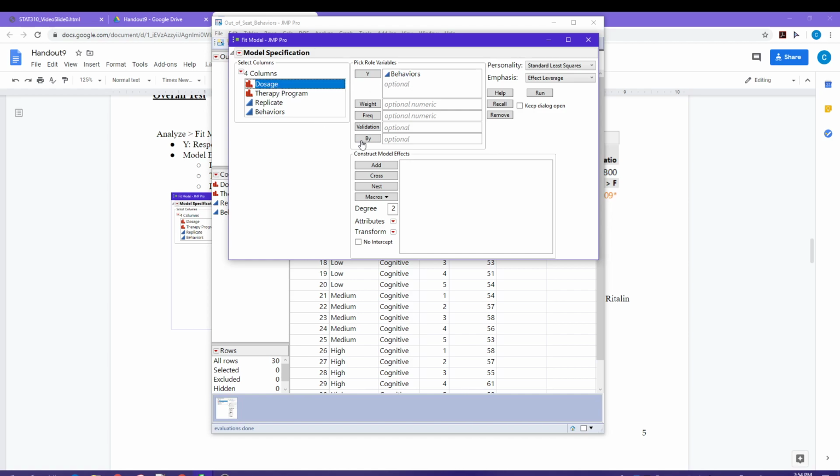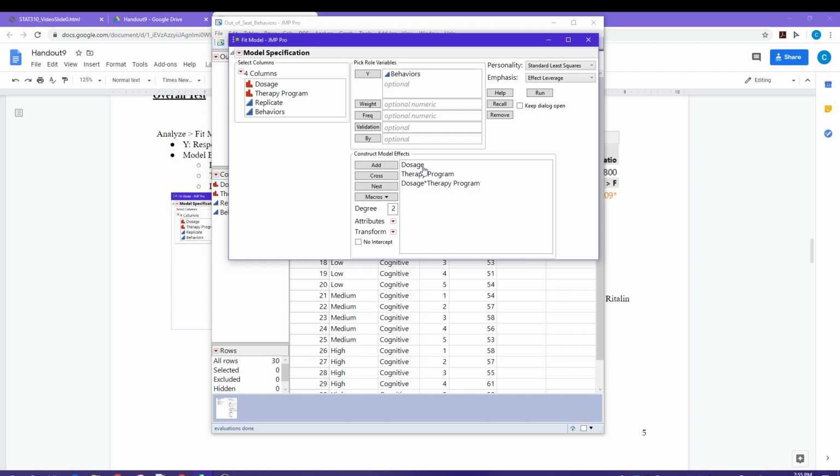And then I need to put dosage level in my model effects. I also need to put therapy program in my model effects. And then I need the interaction term, or the cross term. And to do that, I need to select dosage, hold down the control button, select therapy, and then say cross here. And that cross term will get put in there for you.